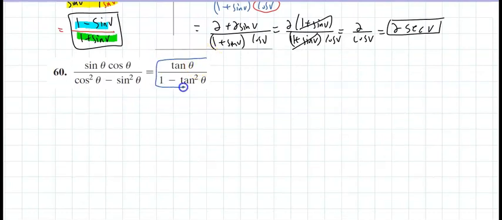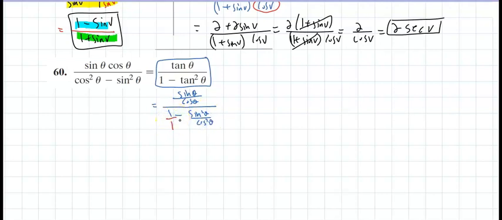The reason for that, if I see that I have sines and cosines and anything other than sines and cosines, I would start with the other than sine or cosine, because I could write this as the sine of theta over cosine of theta, and 1 minus sine squared of theta over cosine squared of theta. So at least I know where to start.